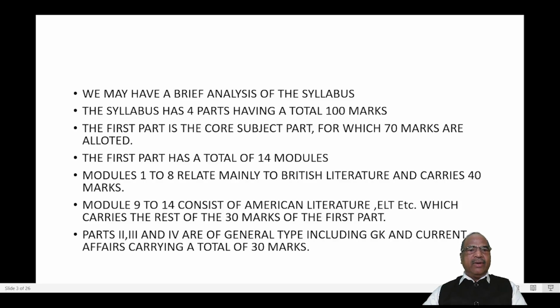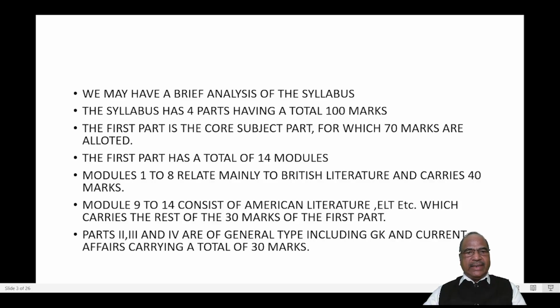Then we may have a brief analysis of the syllabus. The syllabus has 4 parts having a total of 100 marks. The first part is the core subject part, for which 70 marks are allotted. The first part has a total of 14 modules, out of which 7 modules are detailed ones and the other 7 are non-detailed.